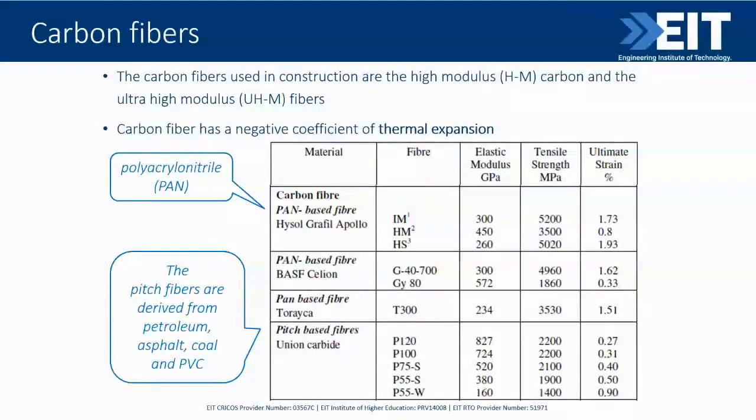Carbon fiber, elastic modulus, tensile strength, the ultimate strain. It is quite strong. What you see is the tensile strength of carbon fiber reaching 5 gigapascal, in comparison to hundreds of megapascal for steel. Right? The elastic modulus is also much higher than the steel. I will remind you that steel has 200 gigapascal elastic modulus, while here we're reaching for some grades 450.